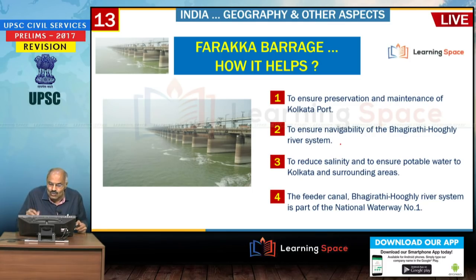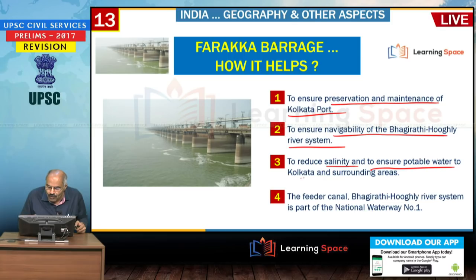The purpose is to ensure preservation and maintenance of Kolkata port. That was the main purpose, basically to ensure navigability of the Bhagirathi Hooghly river system. To reduce salinity and to ensure potable water to Kolkata and surrounding areas, this barrage was devised.